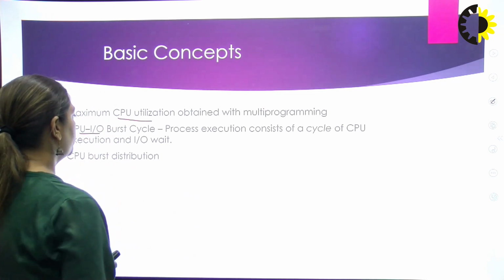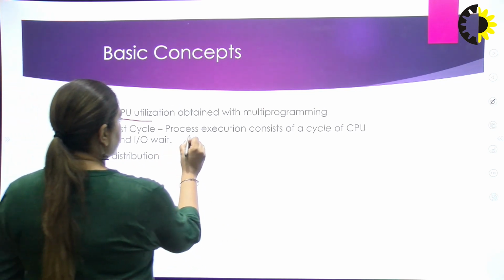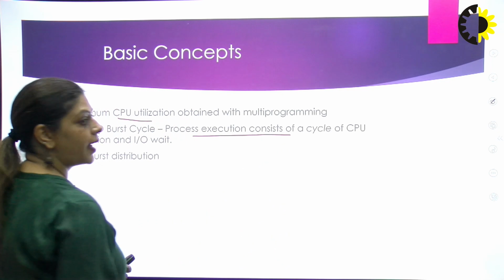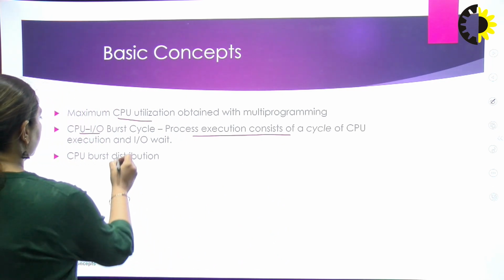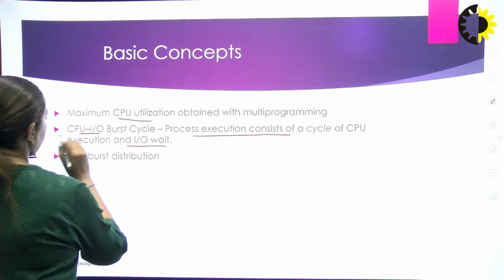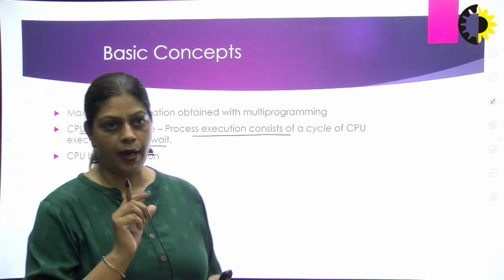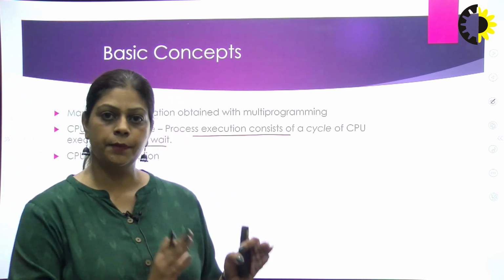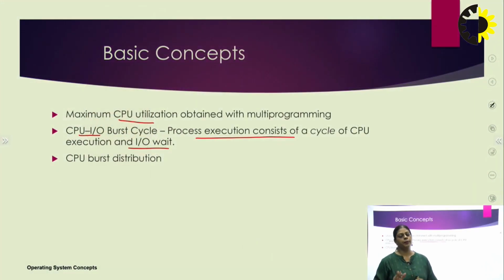CPU input-output burst cycle. Process execution consists of a cycle of CPU execution and input-output wait. When a program runs, it requires CPU time, and it also spends time in input-output work, right?